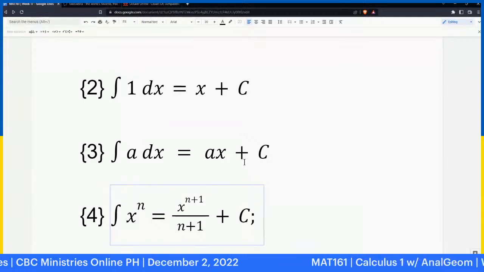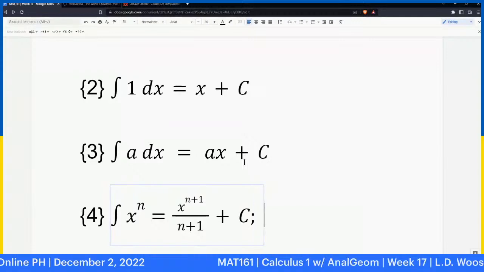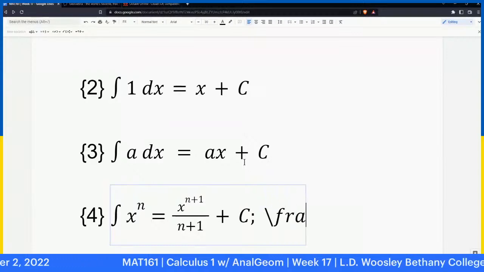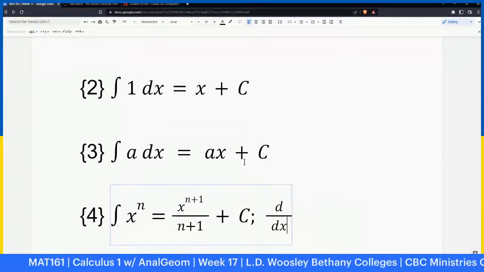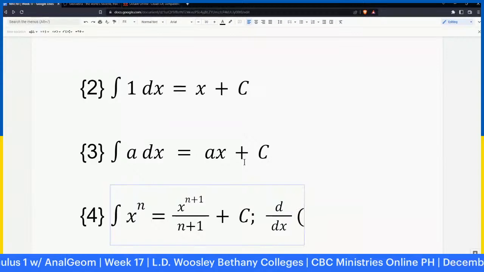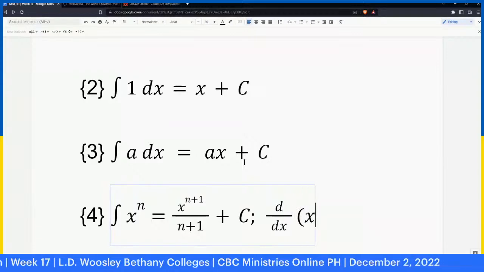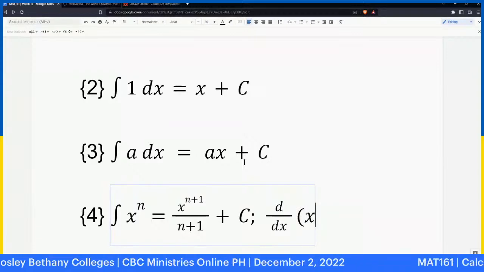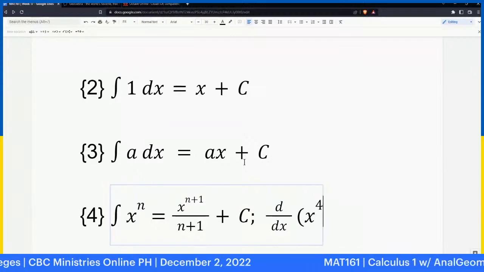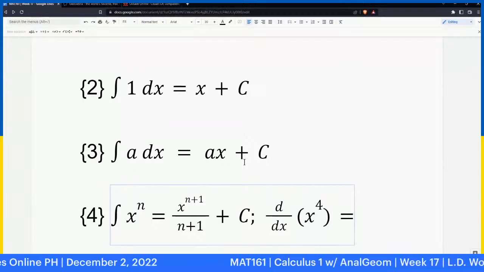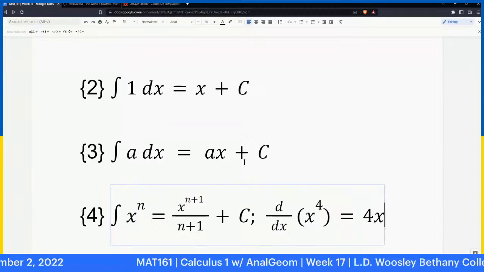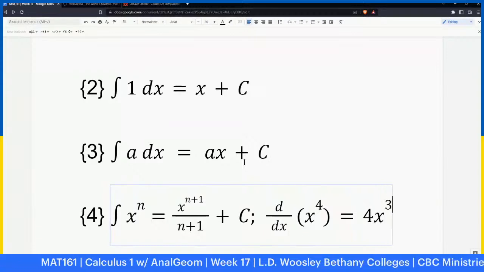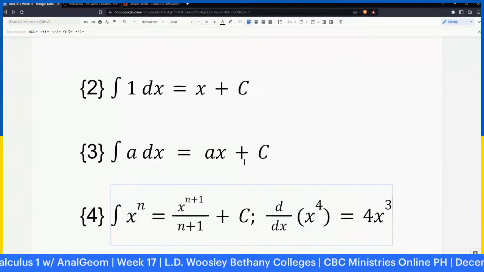Say derivative of x to the fourth. We know the answer, 4x cubed. Then how will you reverse that?